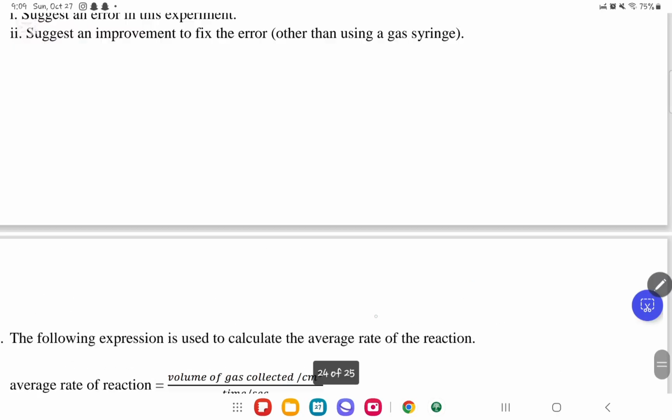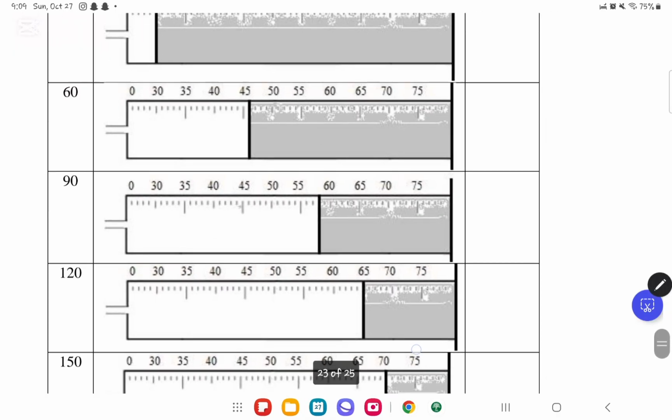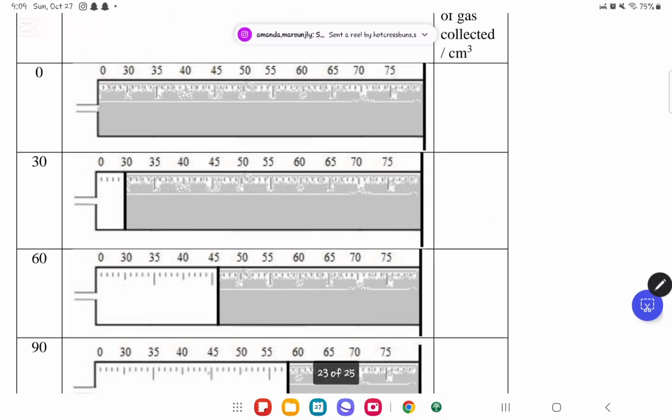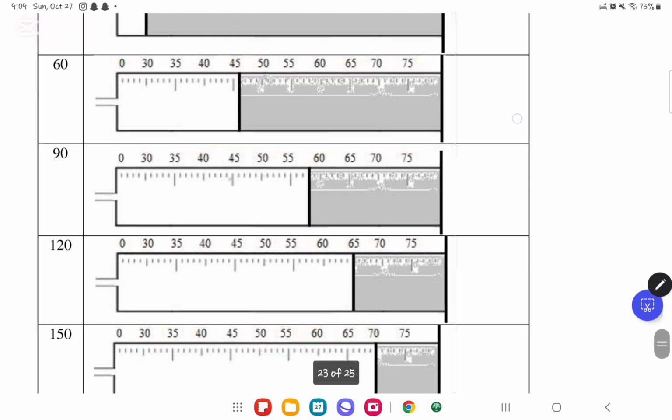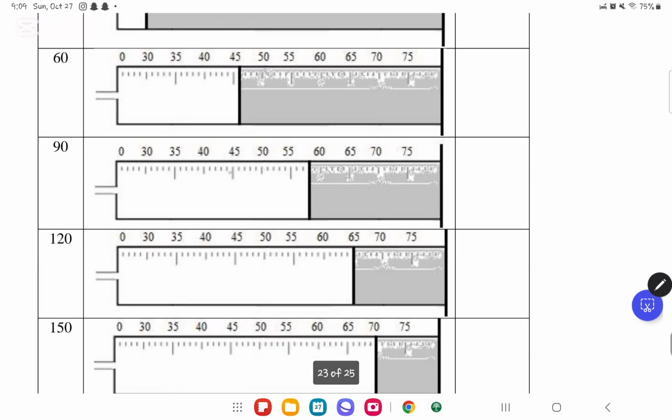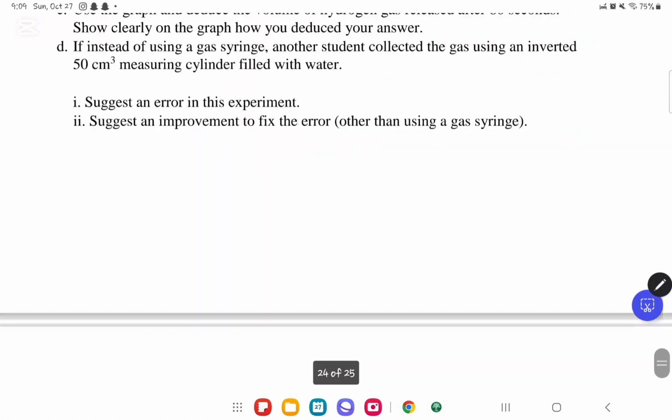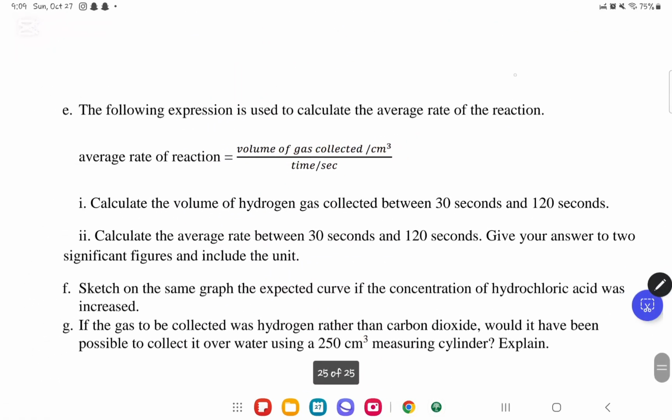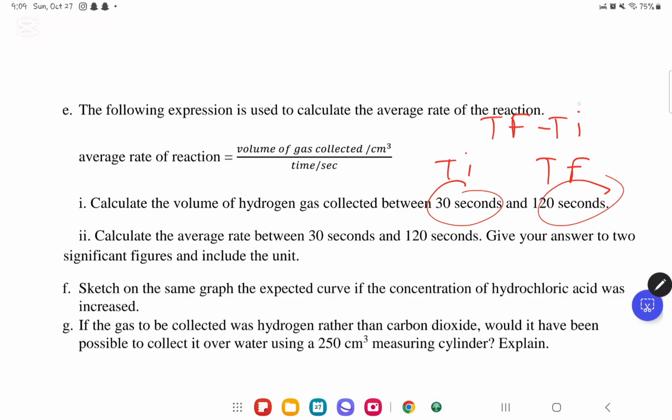Very simply, without going to the graph, we're just going to go back up here. If you remember, at 30 seconds, I think the volume collected was 30, and at 120 seconds, the volume collected was 65. So now if we go down again, the volume of hydrogen collected between 30 seconds and 120 seconds: we do time final minus time initial.